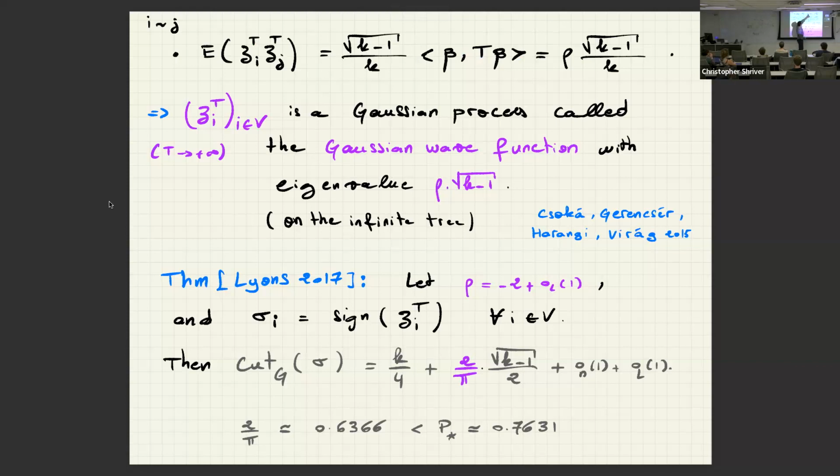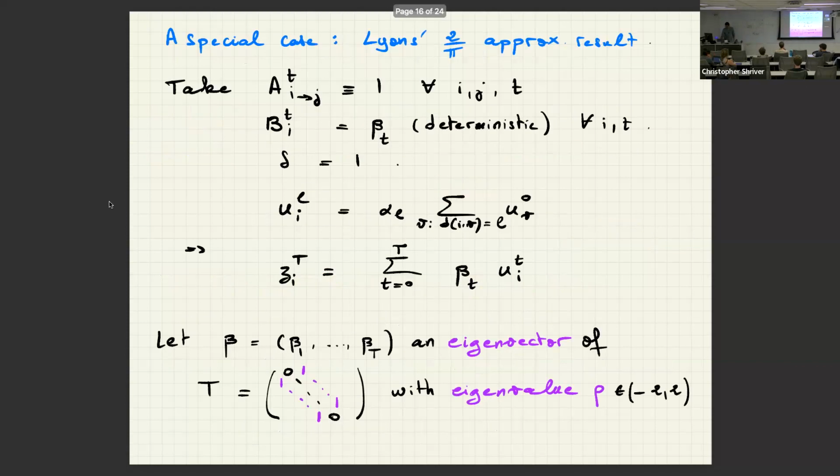So if I look at the beta that is an eigenvector of this operator T, that would give me a value, right? So the T that I get from this simple computation is this one. It's just a simple operator that has ones above and below the diagonal, zeros everywhere else. If I choose this to be an eigenfunction with eigenvalue rho, it happens that this has eigenvalues between -2 and 2.